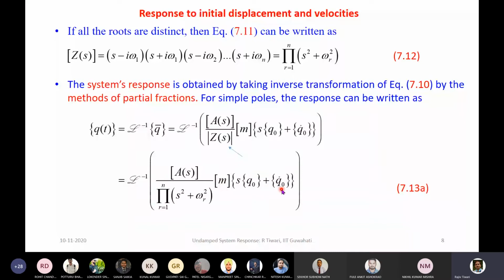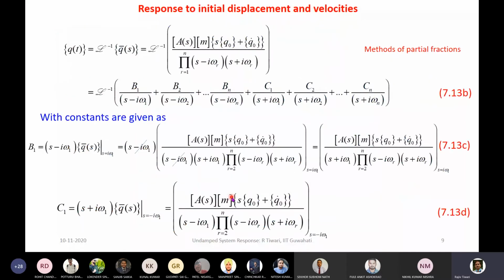Now we'll do some more mathematics on this to get a more simplified version. The idea is to simplify this equation so that we can do some calculation to get the response. You can see that we are doing the inverse transform of this.